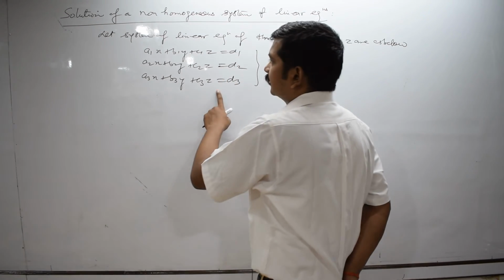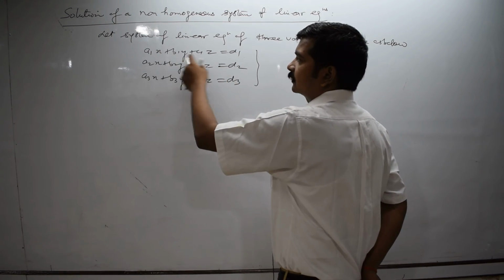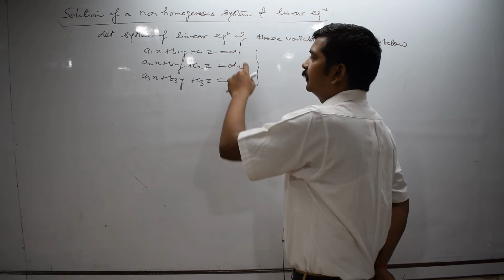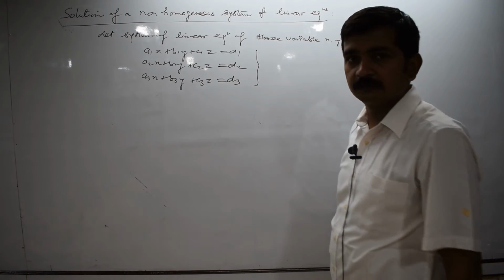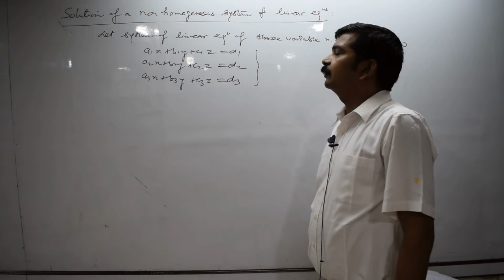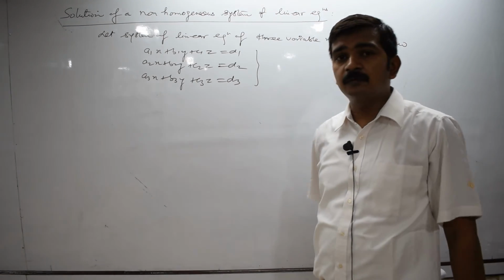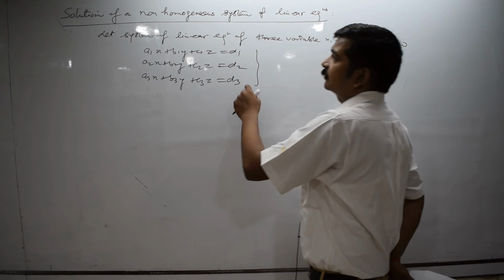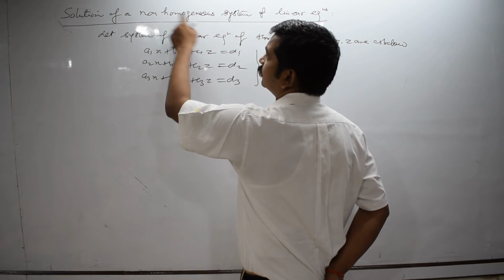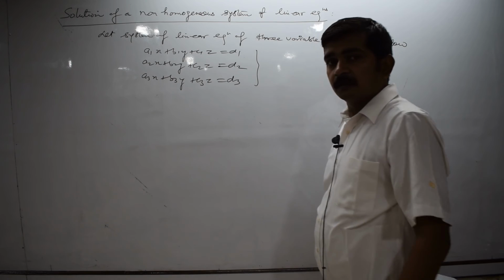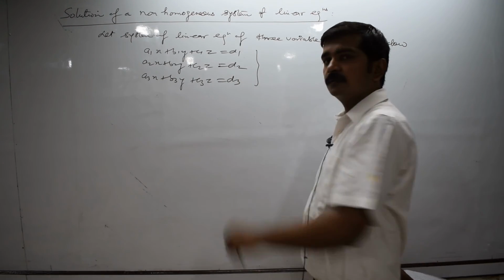Now, here these are the coefficients of x, y, z, and d1, d2, d3 are the constant terms. If the constant terms do not equal 0, then the system of equations is known as a non-homogeneous system, meaning d1, d2, d3 do not equal 0.